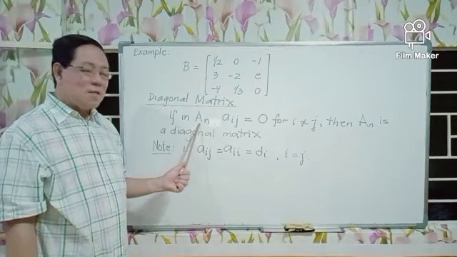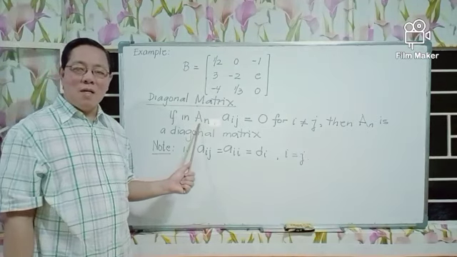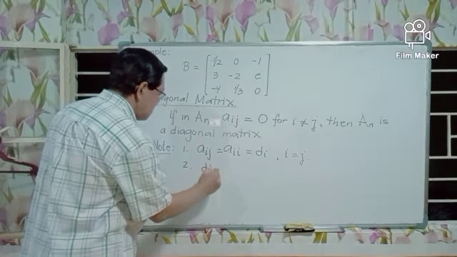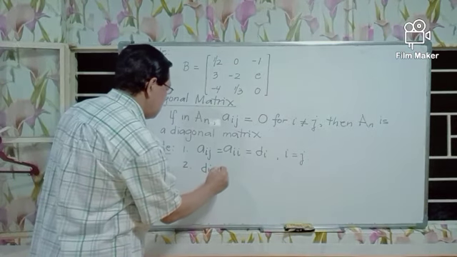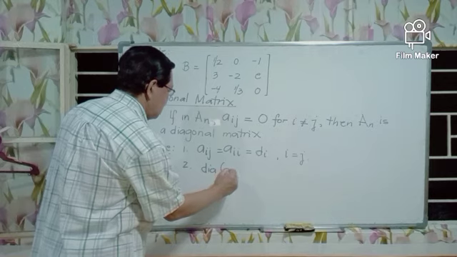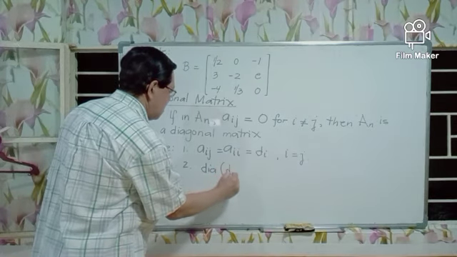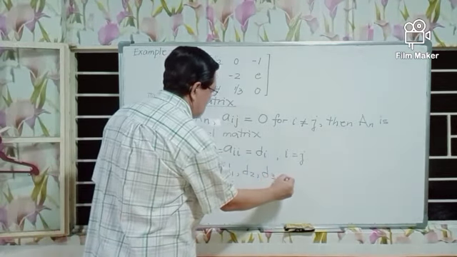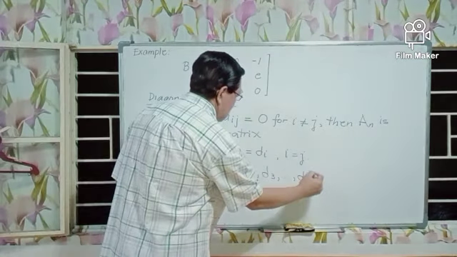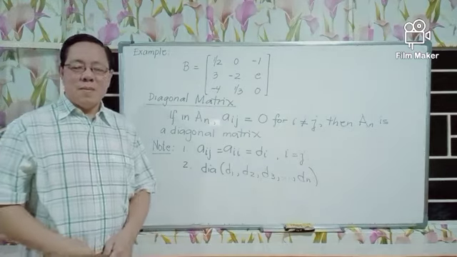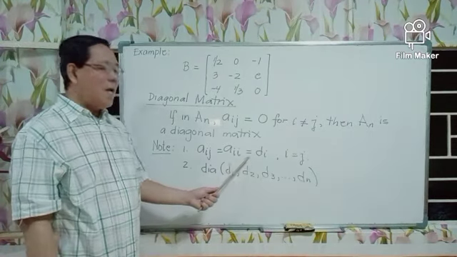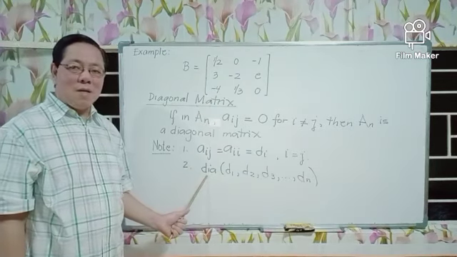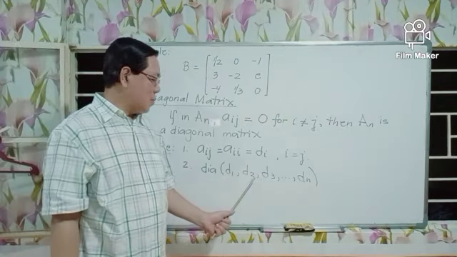this diagonal matrix A sub n can be written as the diagonal matrix with diagonal entries d sub i, where i is 1 to n, can be written as d1, d2, d3 up to dn.